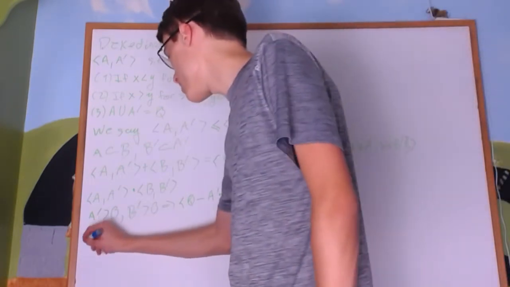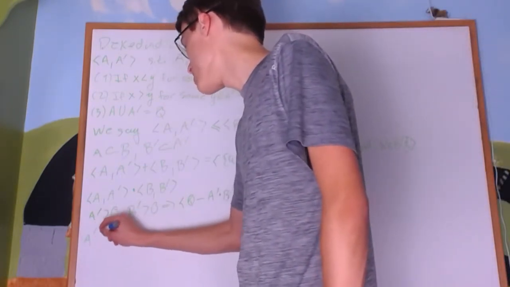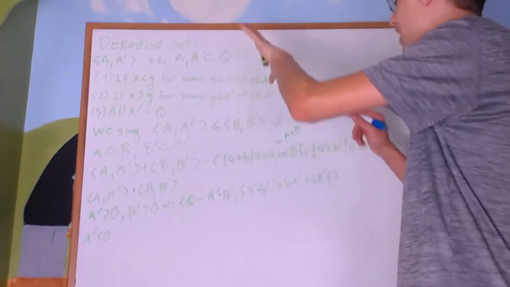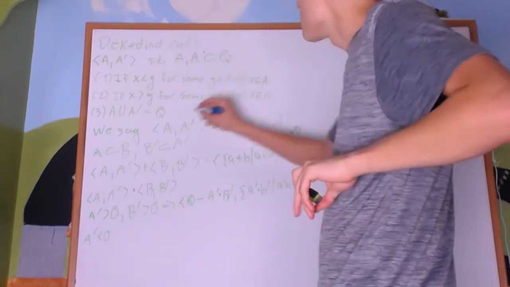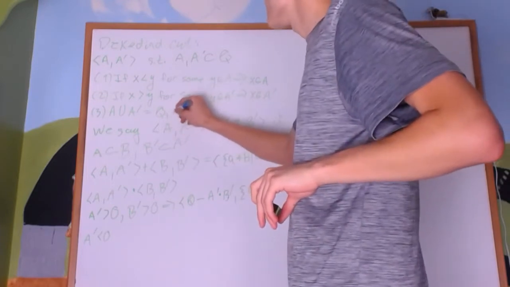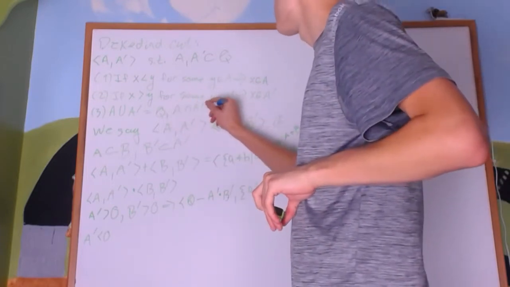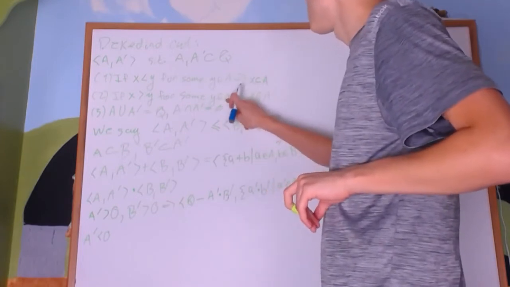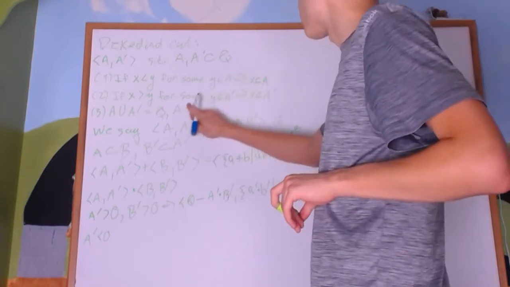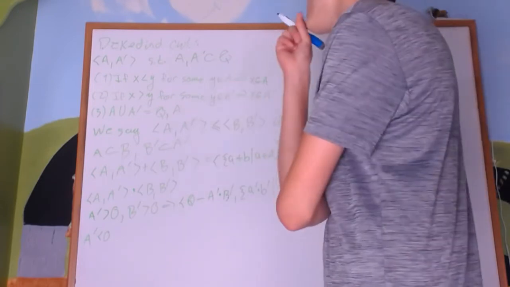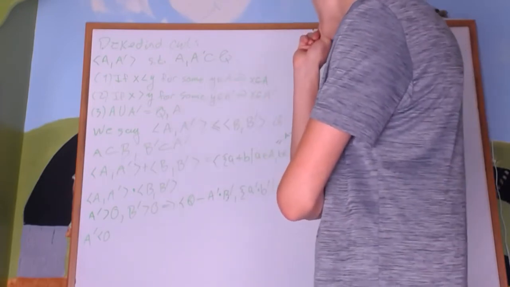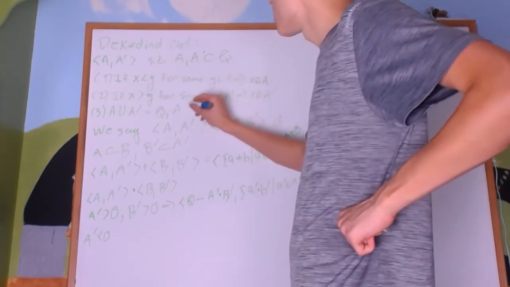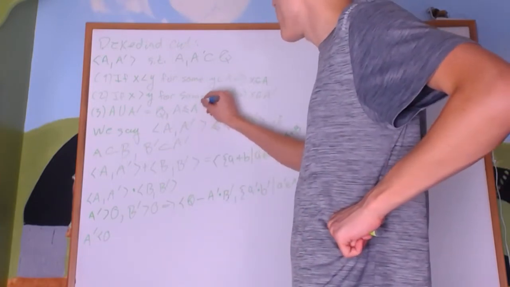Alright, now if A prime is less than 0, also, I forgot about this, is that their intersection is empty. No, so that's not required. Is that A is less than or equal to A prime.